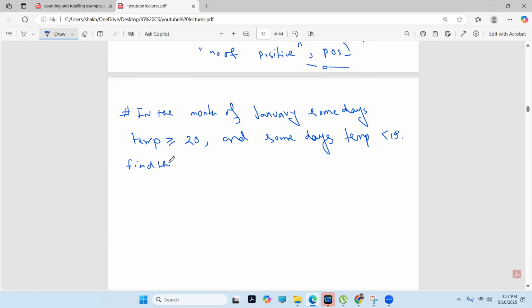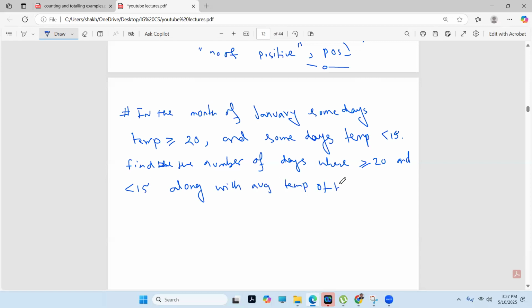Find the number of days where the temperature is greater than or equal to 20 and less than 15, along with the average temperature of the month.